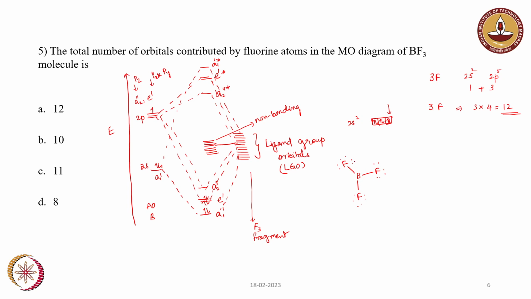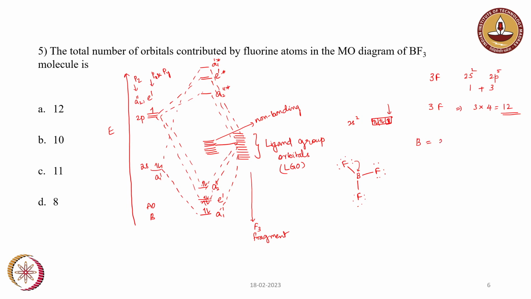So one of the fluorines will donate electrons to boron so that the octet of boron is completed. So there is a back donation of electrons. So there will be 8 electrons in the bonding orbitals. Now the Lewis acidity of boron is reduced because of this back donation.